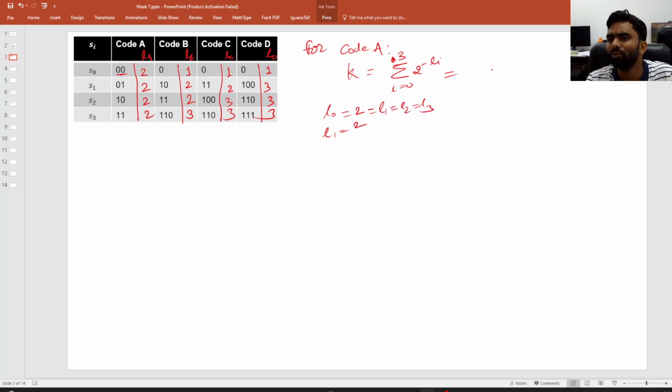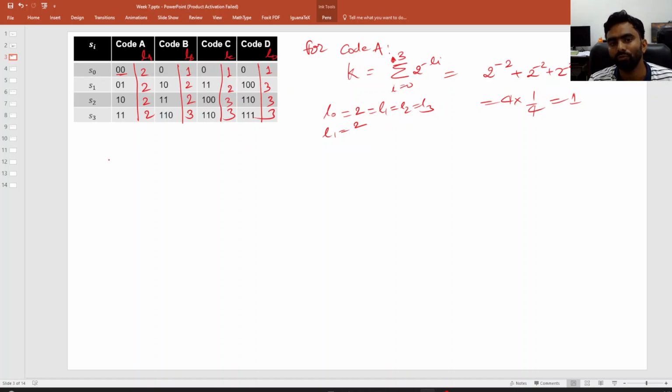So it would be 2 raised to minus 2, plus 2 raised to minus 2, plus 2 raised to minus 2, 4 times. So 4 into 1 by 4 equals 1. So it satisfies the Kraft inequality, because this is equal to 1.